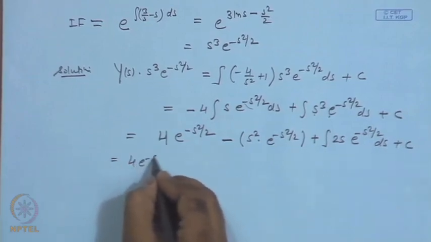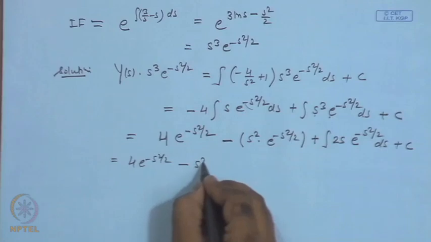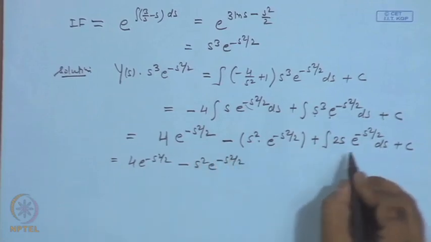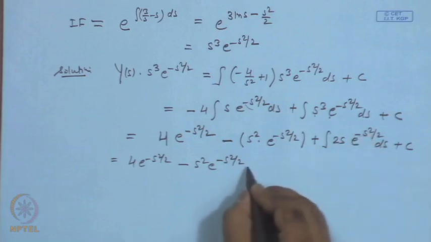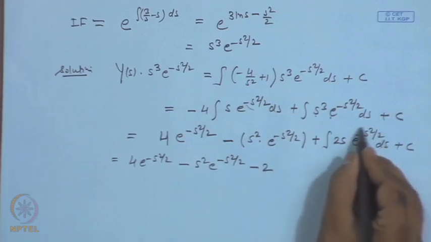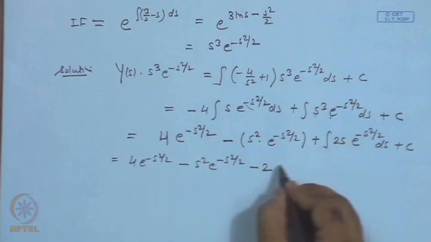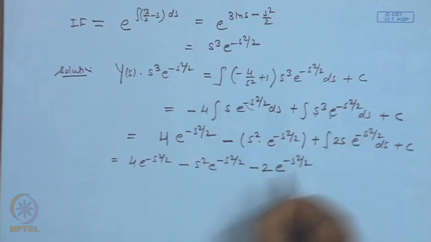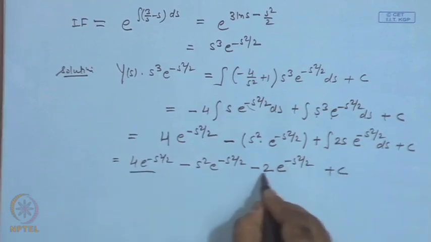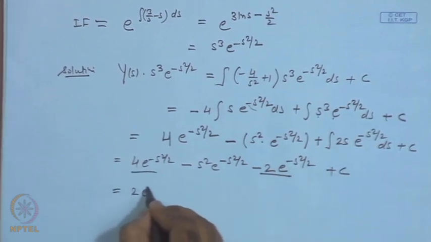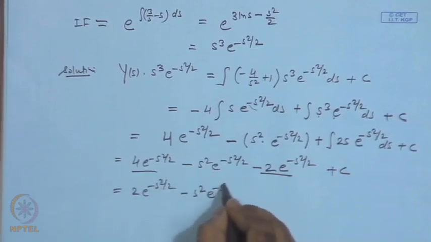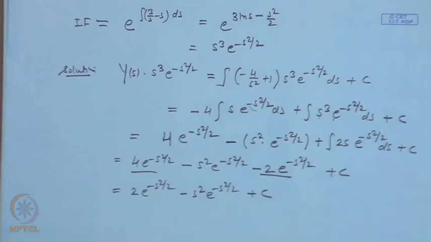So, 4 e to the minus s square by 2 minus s square e to the minus s square by 2, and at this stage now again, we have minus 2, and this minus due to the integral will come with minus, and then e to the minus s square by 2 plus c. Now, this and this will give us 2 e to the minus s square by 2, and we have minus s square e to the minus s square by 2 plus a constant.